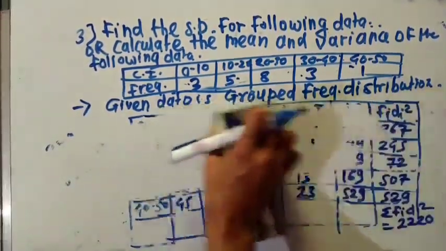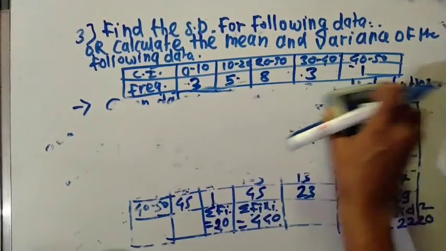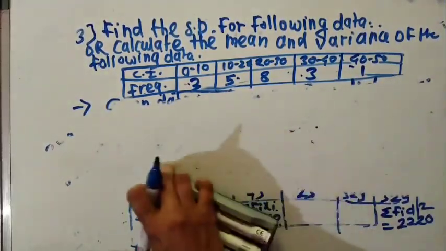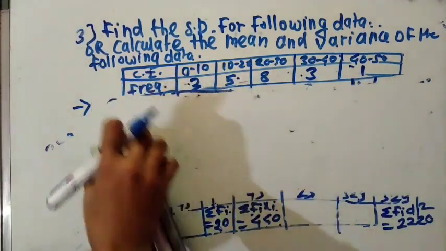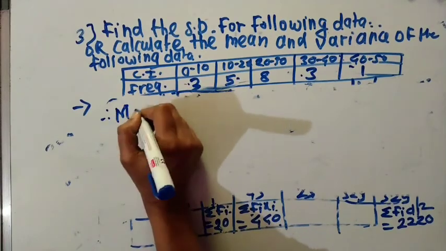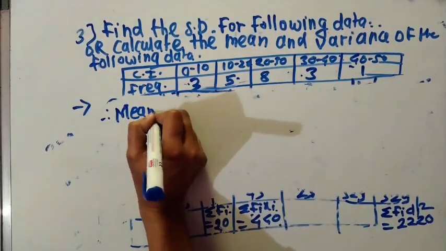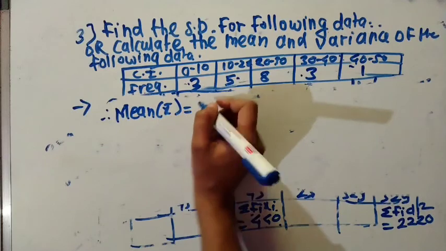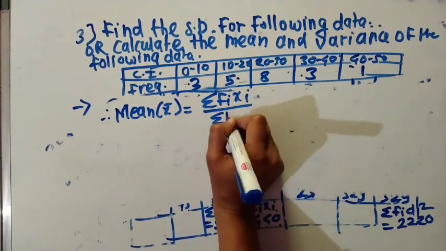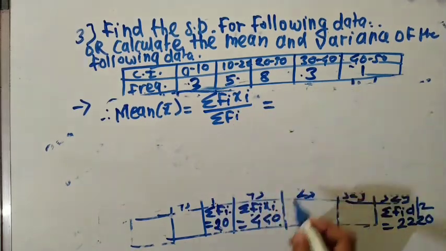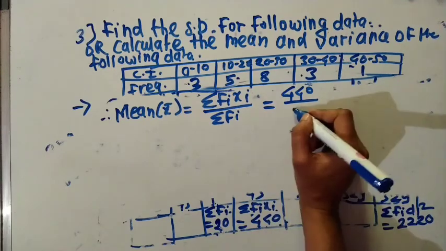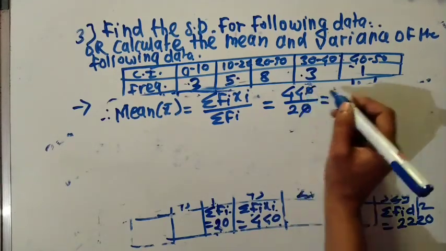Then we write down the formulas for mean and standard deviation. First find the mean: x bar is equal to summation of fi xi upon summation of fi, means 440 upon 20, which is equal to 22.